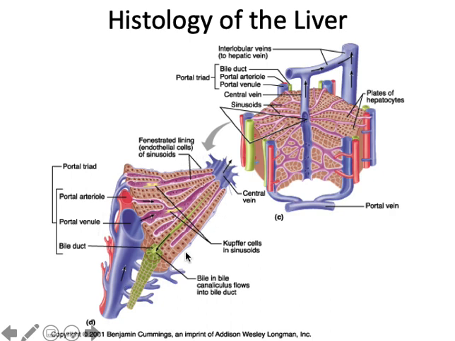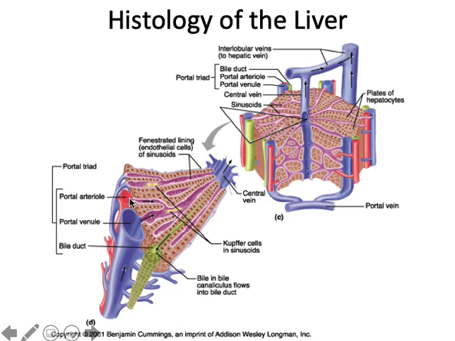If we look at this diagram down here, here we have the arteriole, the branch of the hepatic artery, the venule, the branch of the hepatic portal vein, and the branch of the bile duct. Notice the differences in size. The lumen of the hepatic artery is much smaller than the lumen of the portal venule, or the branch of the hepatic portal vein.